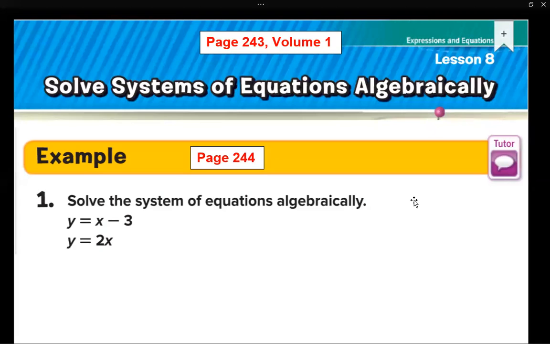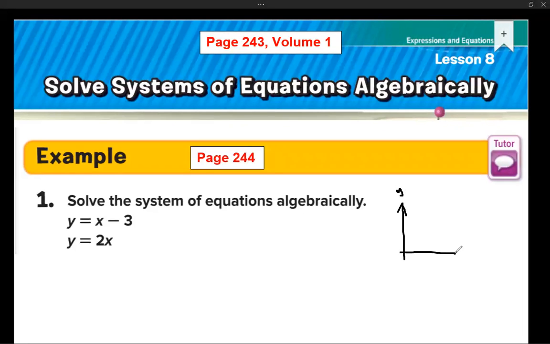In the previous videos and lessons, we have learned how to solve a system of equations by graphing. If we have two equations like these two here, we graph the line for the first one. We just have a y-axis here and the x-axis.